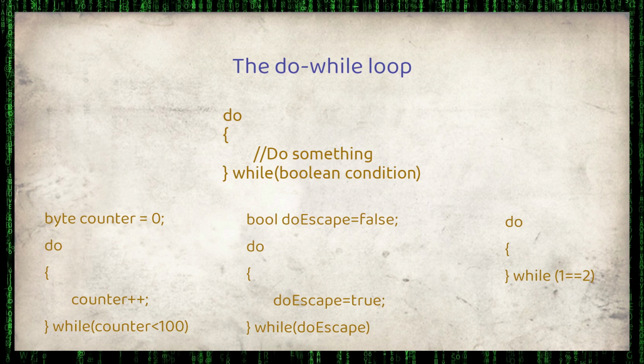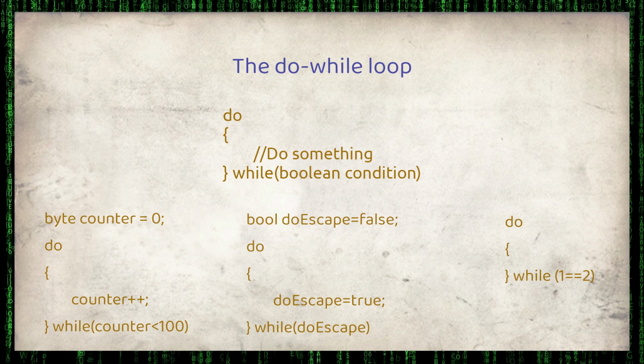You would create yourself a variable outside of the loop. In this case I called it counter, and then inside the loop at some point you have to increment it. So I say counter plus plus, so it's incremented by 1, and then it goes outside of the statements being executed in the loop block, and does this conditional comparison. It says, okay, do the loop while counter is less than 100.